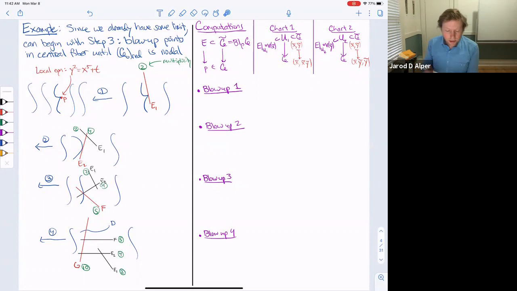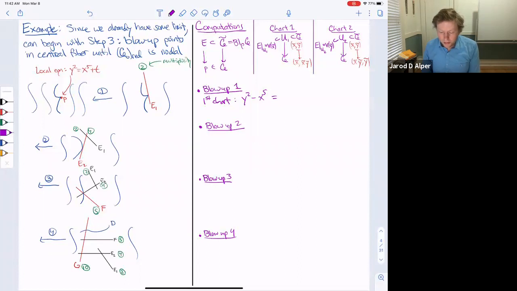All right, so let's compute the first blowup, and look at what happens in the first chart when I take the pre-image. The original central fiber is y squared equals x to the fifth, so y squared minus x to the fifth.